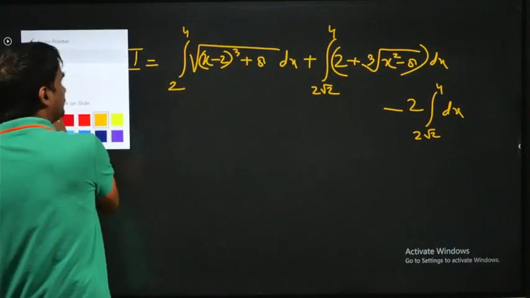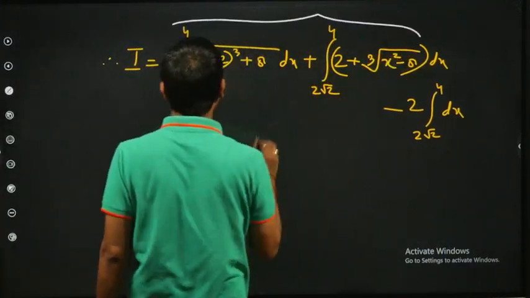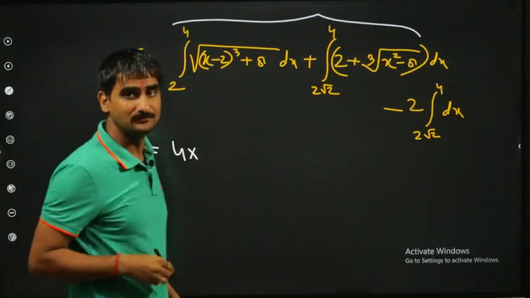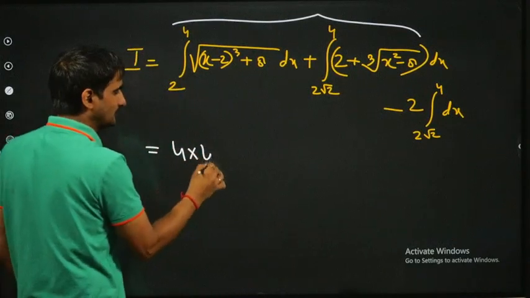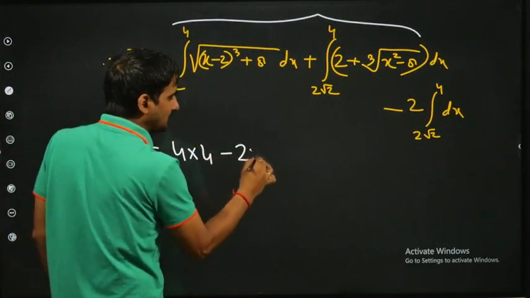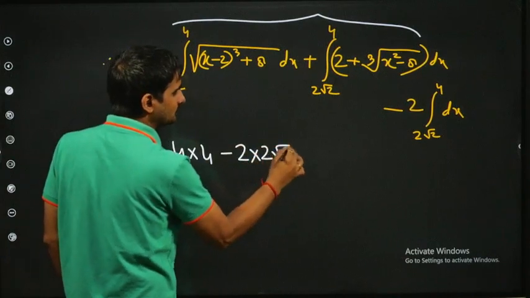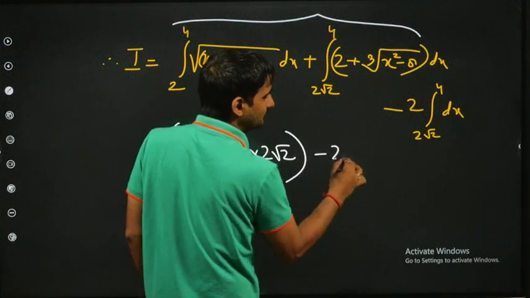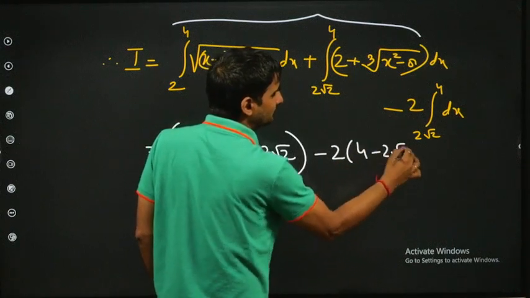So for the first, this one, the answer is b, 4 into f of b, f of 4 was 4, minus a into f of a, which is 2 root 2. And this is minus 2 into 4 minus 2 root 2.